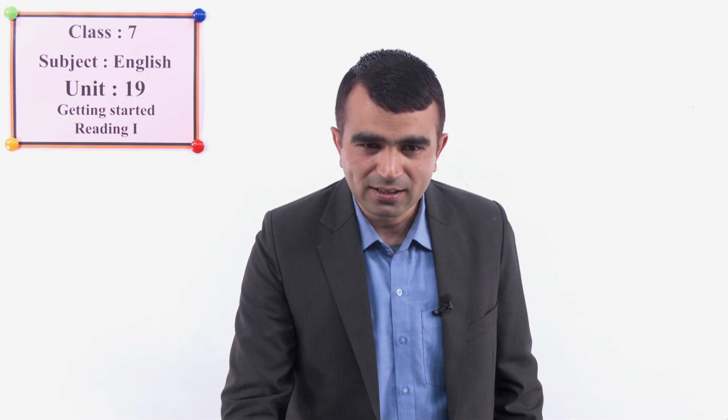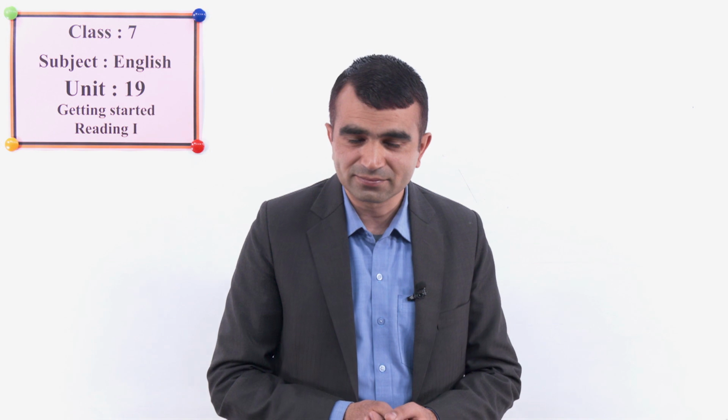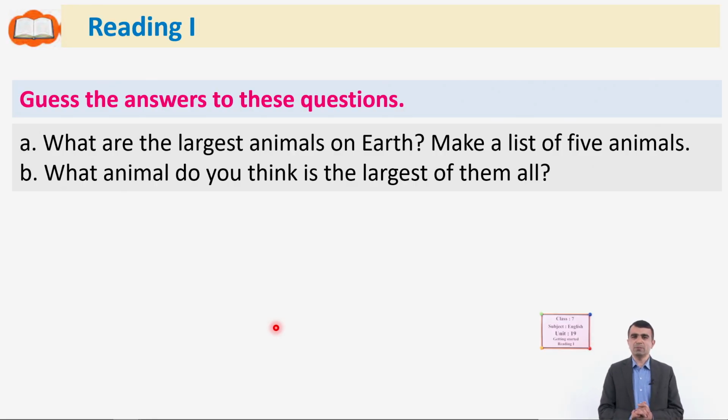Are you ready? Good. Well, now in the beginning, before we start reading, I ask you some questions given at the beginning of your reading lesson. You can see in your book. The questions are, what are the largest animals on earth?